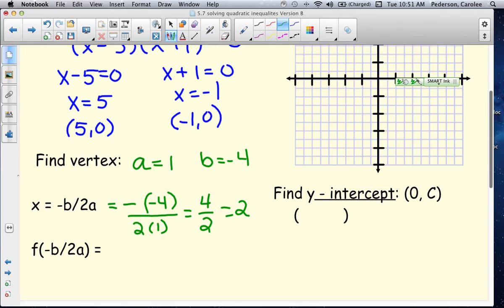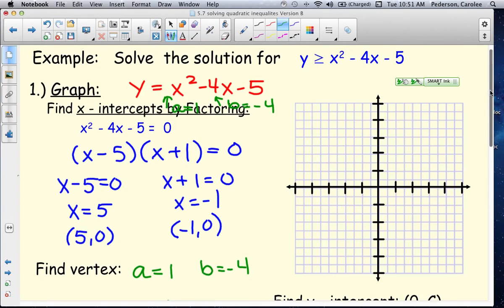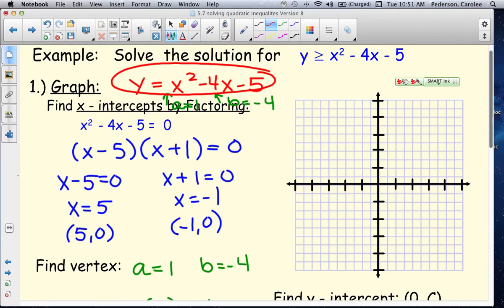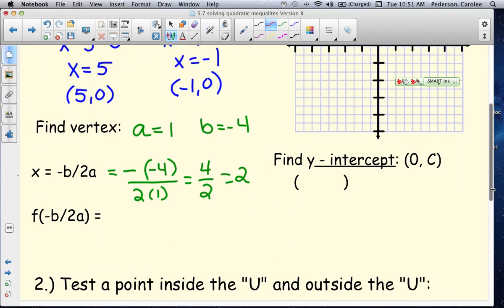To find the y value, I substitute this x value into the original equation, original function. So my original equation is y equals x squared minus 4x minus 5. We're going to substitute the x value in.